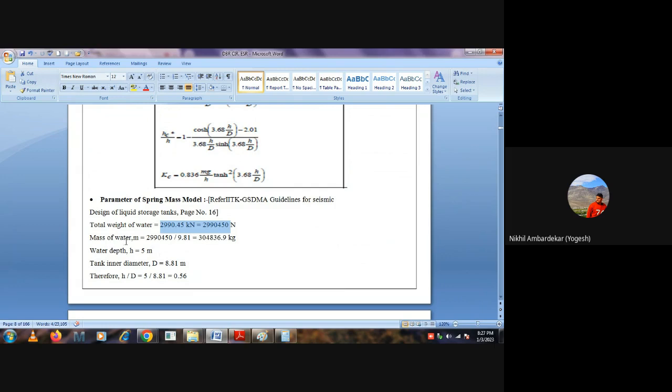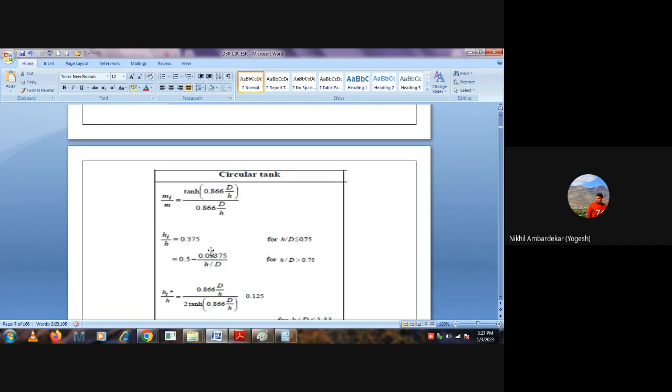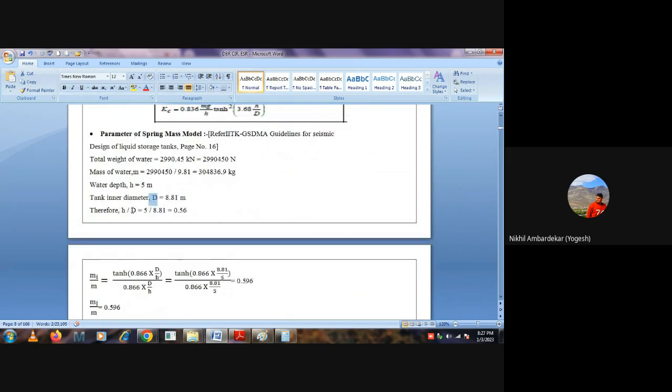So we got the mass of the water. Total water depth h, that is the height, we know. Diameter we also know. Now, as per these parameters, we are finding the aspect ratio. h by d is equal to 5 divided by 8.81, that is 0.56.